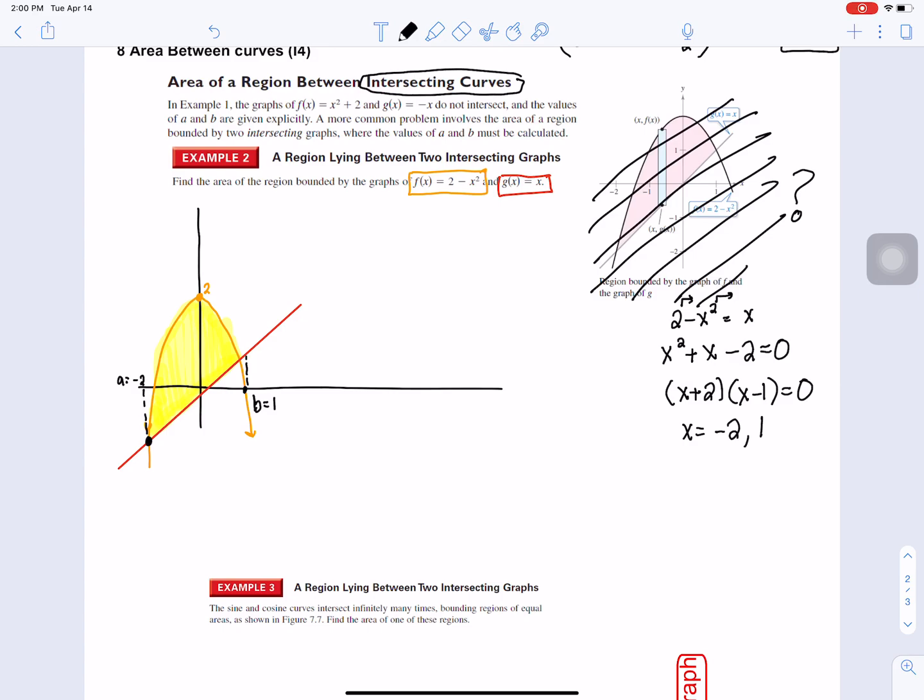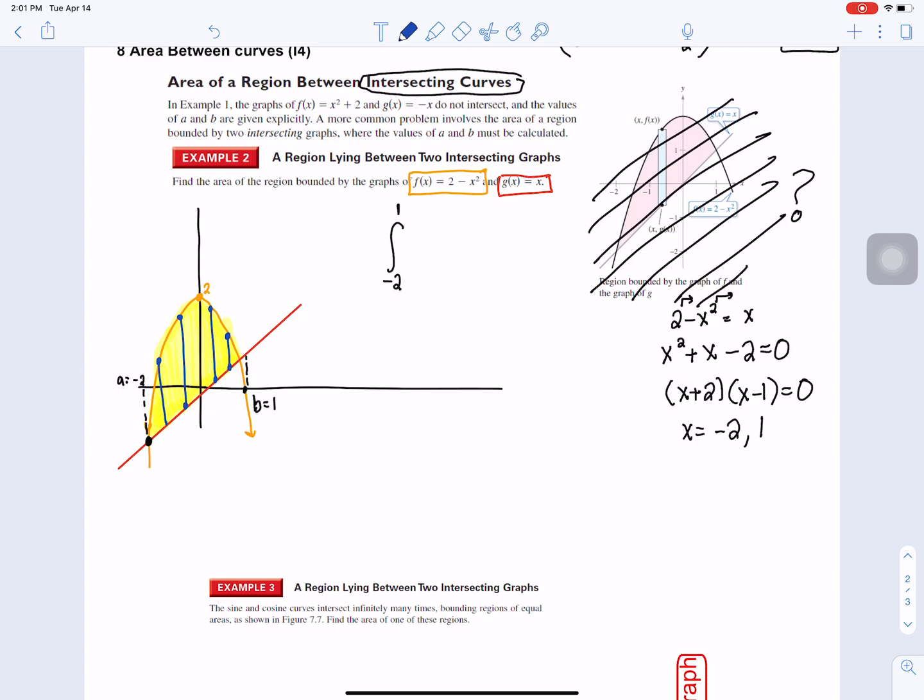Okay, so now we're going to set up our integral. The integral is going to go from the left point, where the shading starts, to the right point. Now before I set up my integral, if I were to take a vertical slice through that section in yellow, you want to ask yourself, is my top dot always on the orange function?